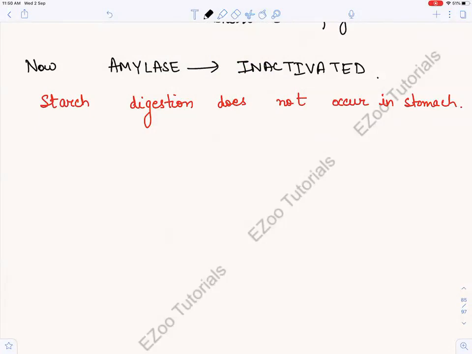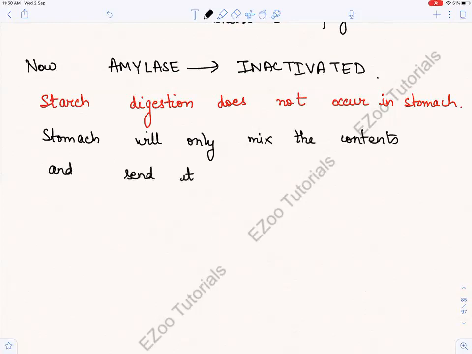What is the stomach doing? It will only mix the contents and send it to the small intestine.